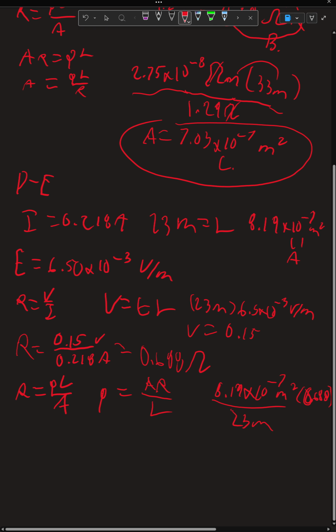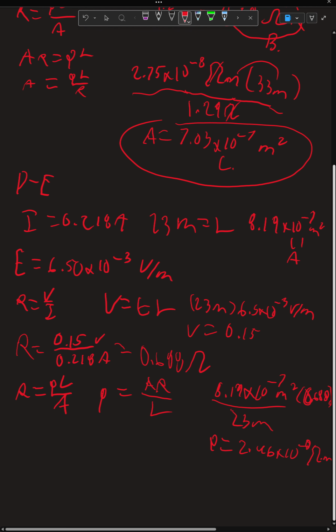So we just plug everything in and we get about ρ equals 2.46 times 10 to the power of -8 ohms times meters. There's ohms here, meters squared divided by meters, get rid of the one right there. That's the resistivity of the wire.